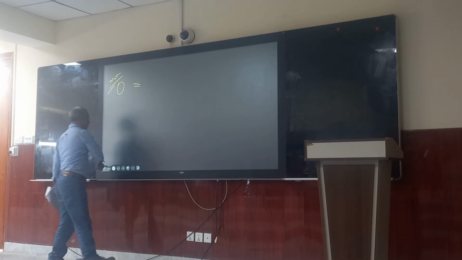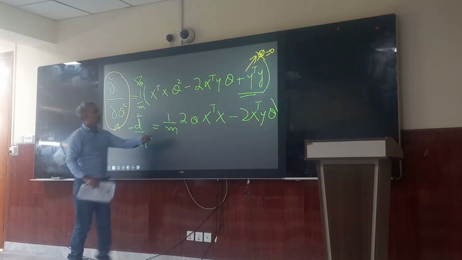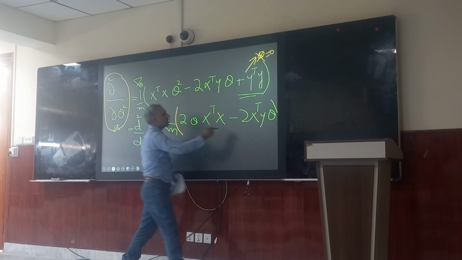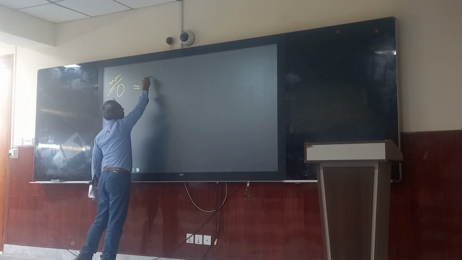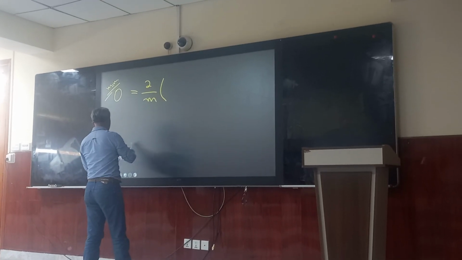So, in this equation, this 2 will be considered as a common multiple. M is also considered as a common multiple. So, 2 over M, and we will have an equation inside of it.